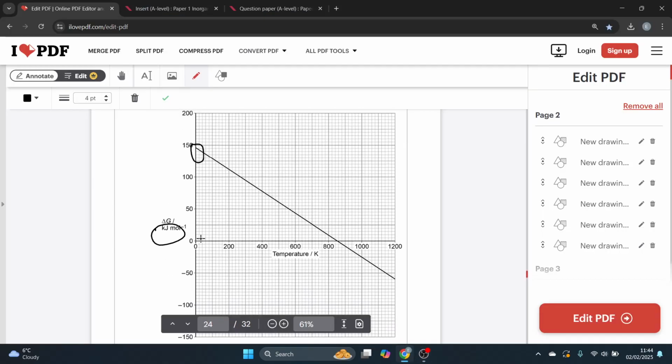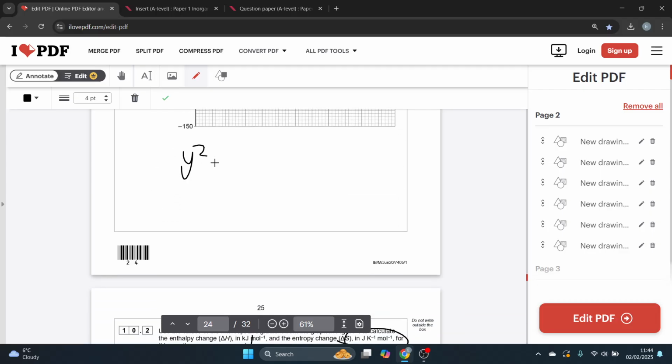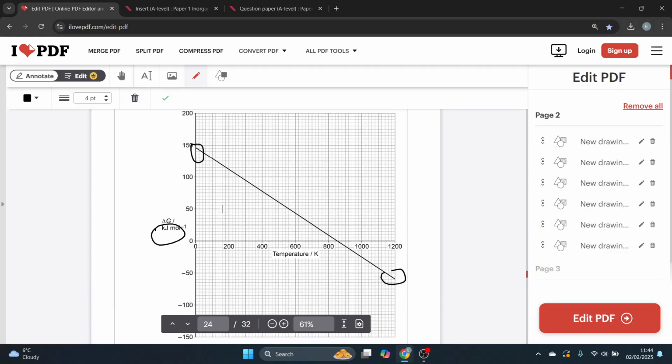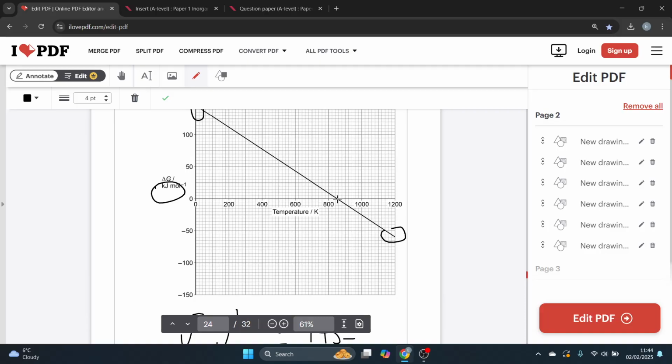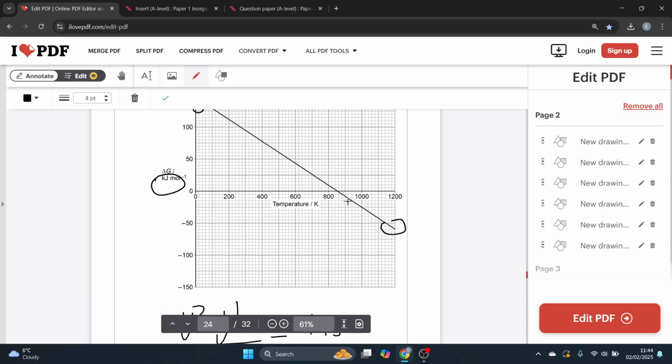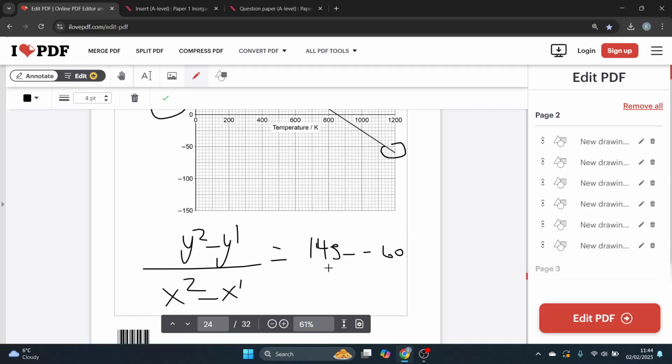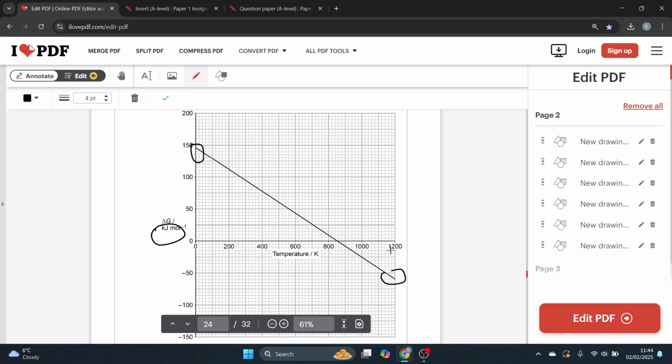So I had to find the gradient. I just picked 2 points, let's say the 2 final points. So y2 minus y1 over x2 minus x1. y2 is 145, minus minus 55, that's the change in y. We draw a triangle like that.